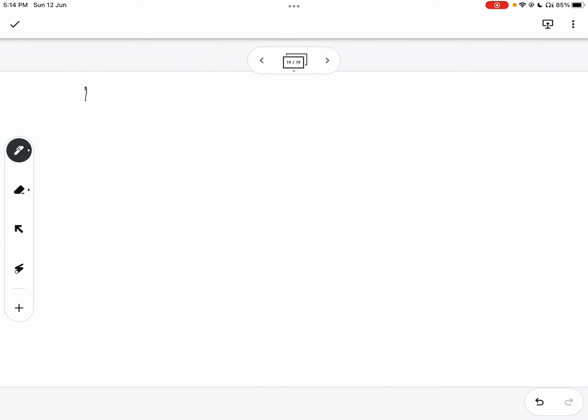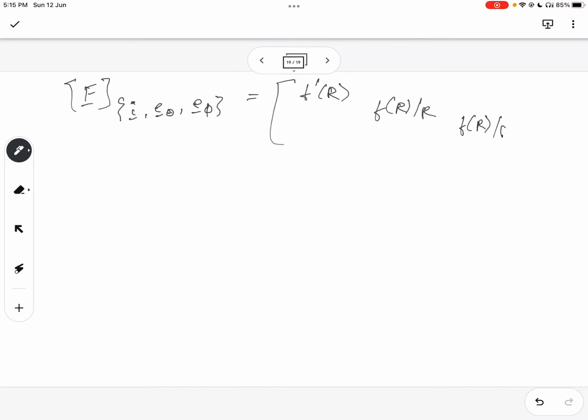So writing F in terms of the basis e_r, e theta and e phi in matrix form, it comes out to be f dash r, f(r) by r and f(r) by r on the diagonal terms, the rest are 0.